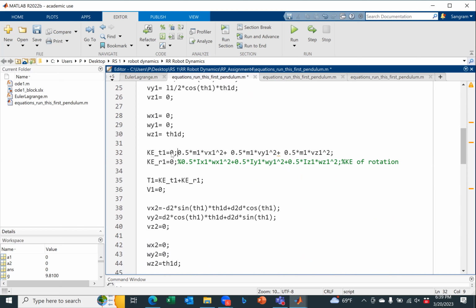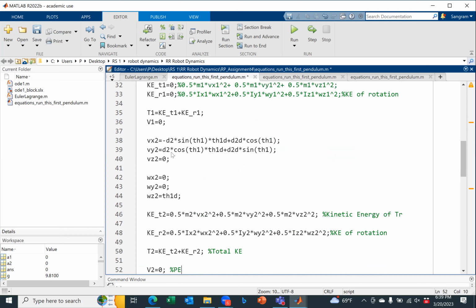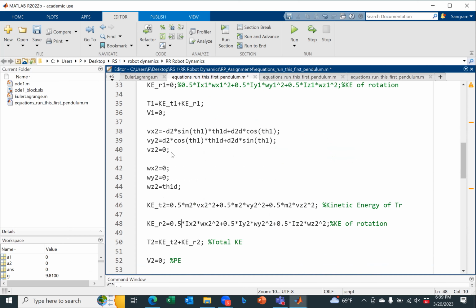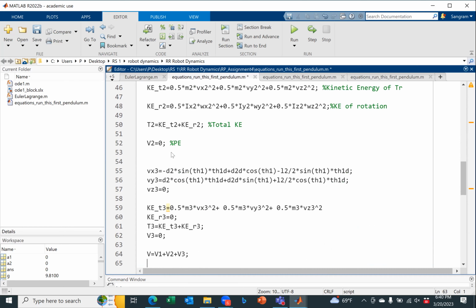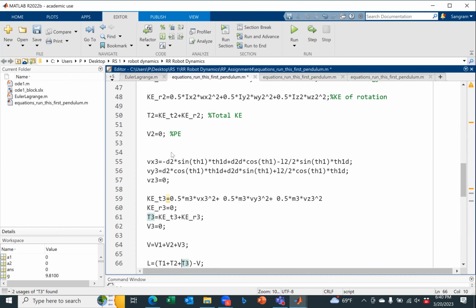So the only thing that will be left is for the second mass. And then you sum the kinetic energy of translation and kinetic energy of rotation. Basically I made this problem a little bit more complicated than it needs to be. But the idea is, once you find out the kinetic energy of this mass, you use the Lagrangian, L is equal to T minus V, and use MATLAB to solve the problem.